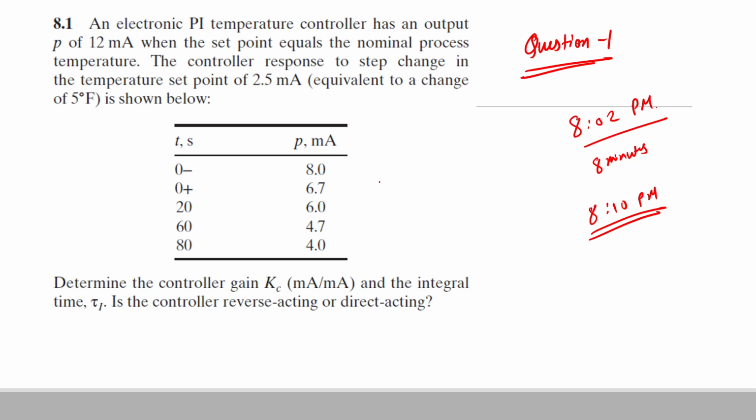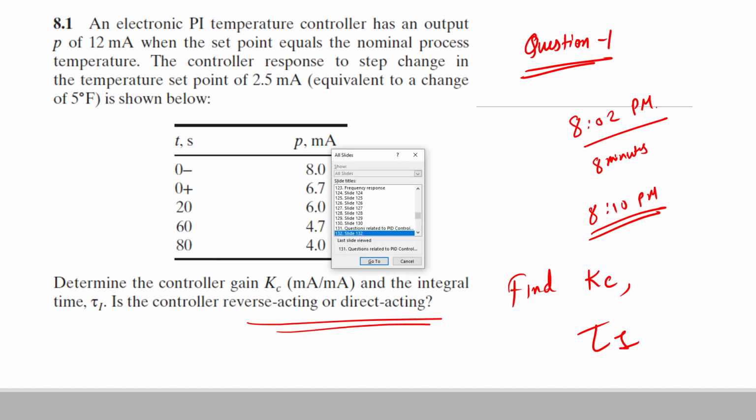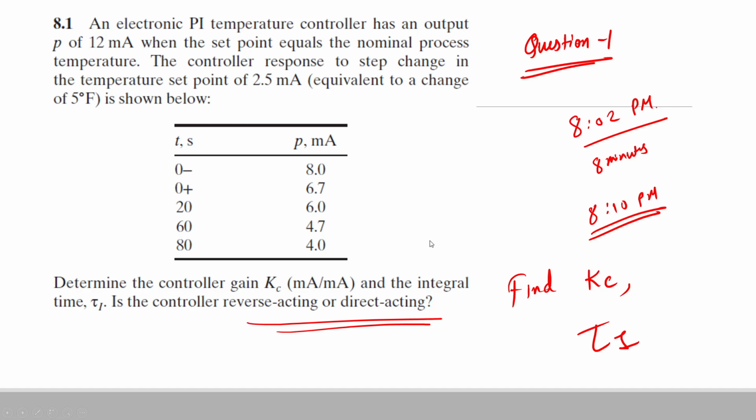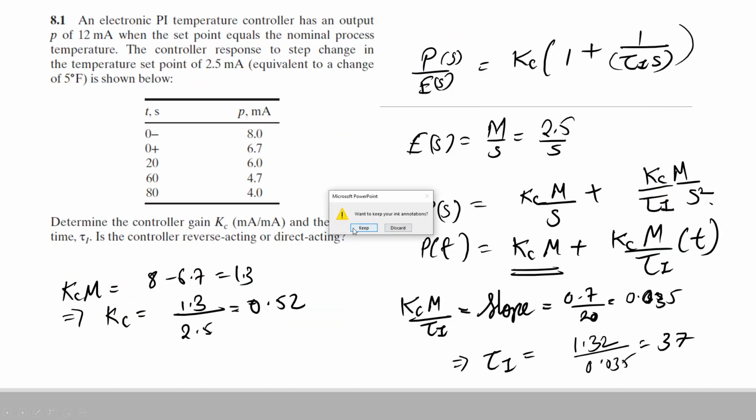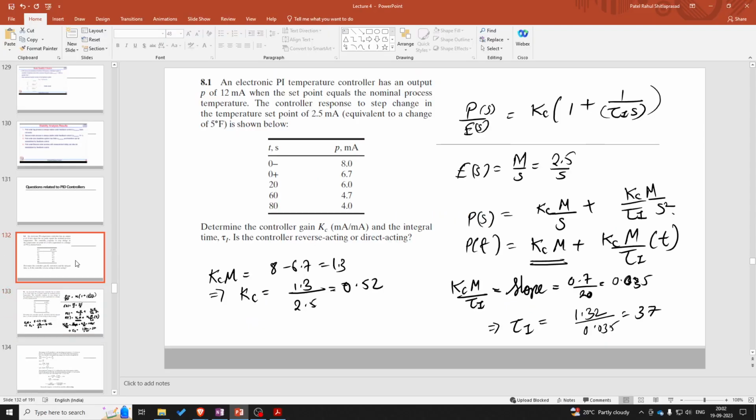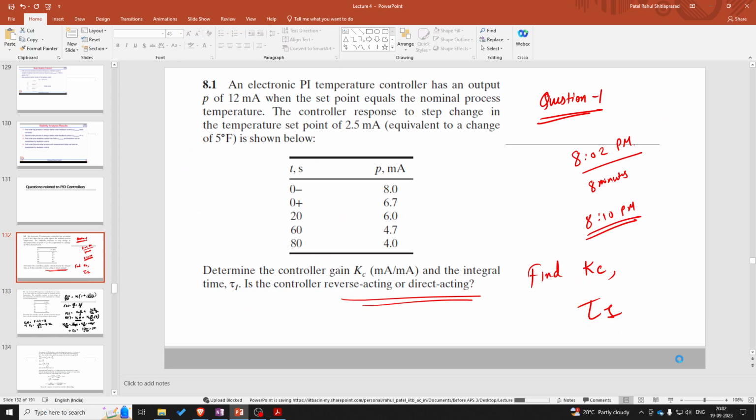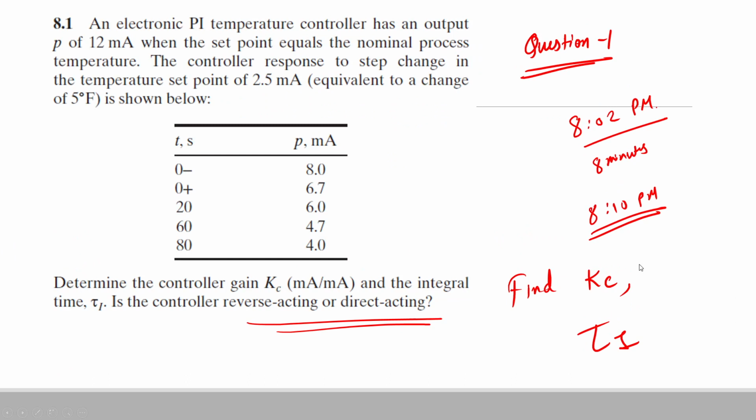Using this table, we have to find the value of Kc and tau I, and we have to comment whether the controller is reverse acting or direct acting. You can try solving this. I will discuss the solution after a couple of minutes.